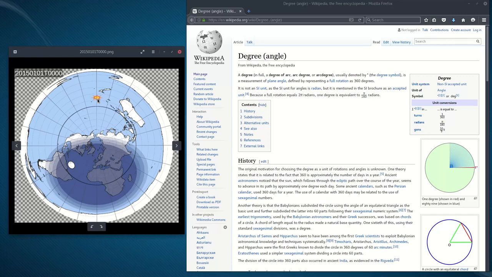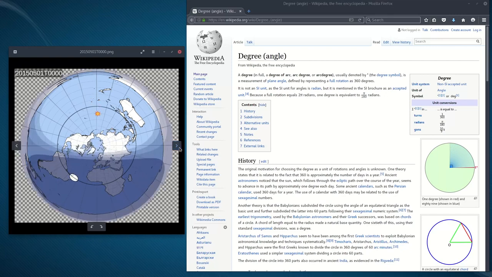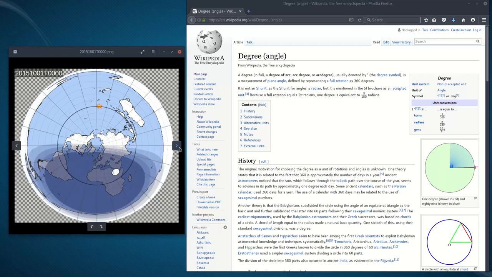So watch as every month, now the sun is actually starting to move. Watch as it goes. This is April, May, June, July, August, September, October, November, December. And then it goes right back to.